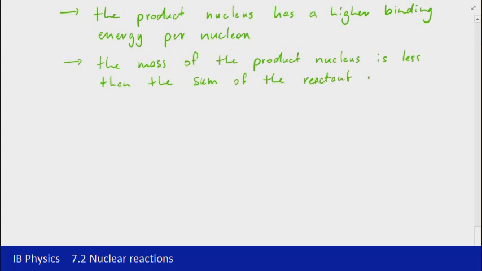So it's a similar situation to the calculation that we did for binding energy, and we end up with energy being produced, and the difference in those two masses is released as kinetic energy of the product. So that means that the product is going to be moving fairly quickly.